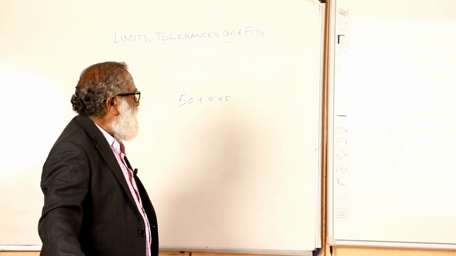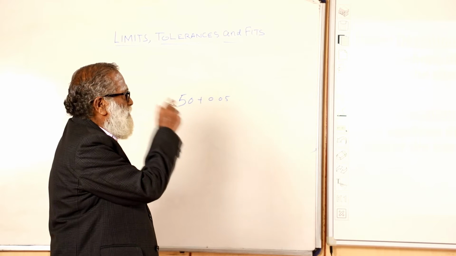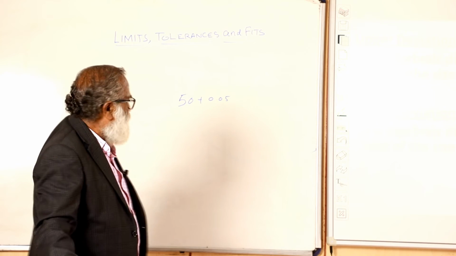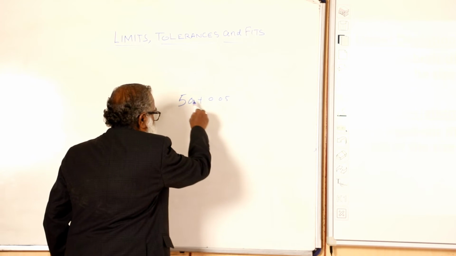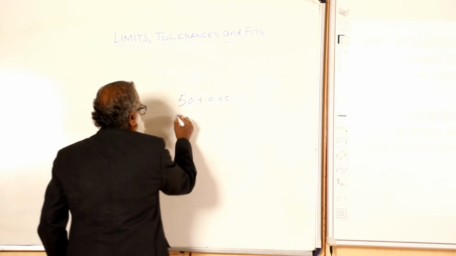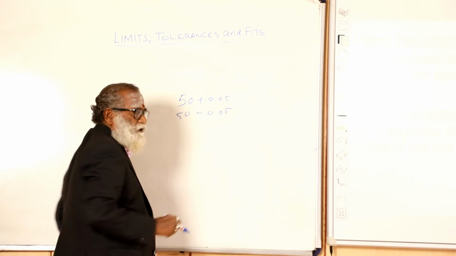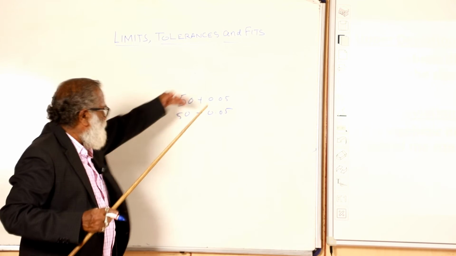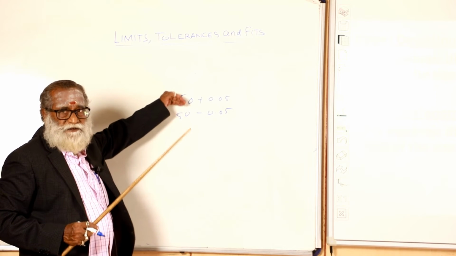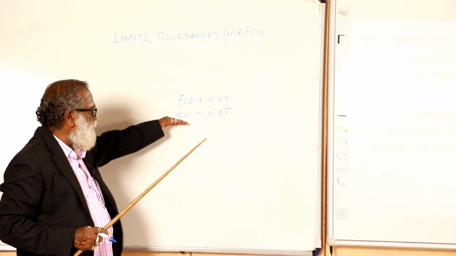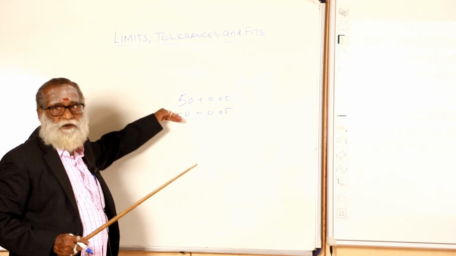Here, the algebraic difference between the maximum limit of size and the corresponding size: 50 plus 0.05, this is the upper deviation, above the basic size. If I put 50 minus 0.05, that is the lower limit. If you produce the component within this range, it is workable and allowable.